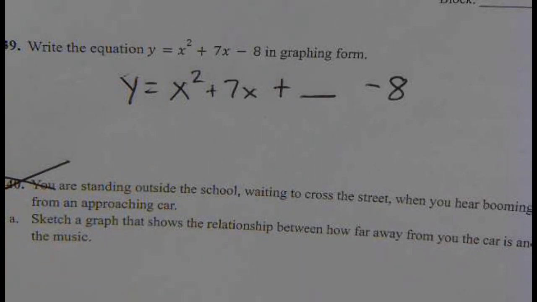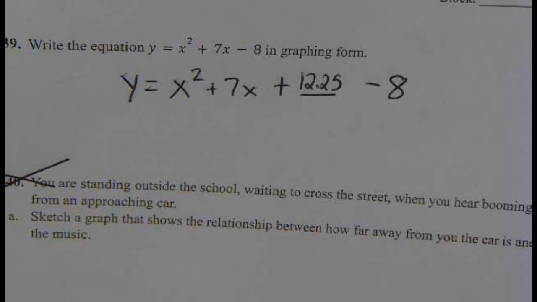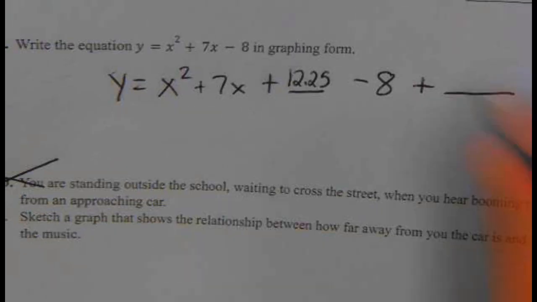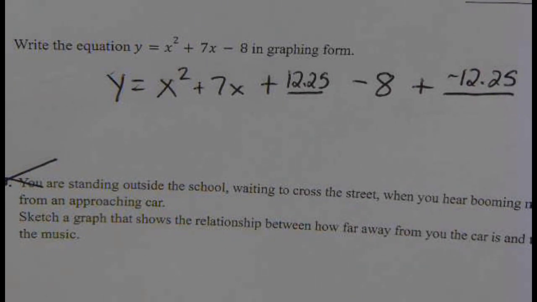Then we got to square 3.5, and we get 12.25. But of course, I can't just add 12.25 randomly to an equation unless I balance it out. There, I subtracted 12.25 there, so the equation is balanced.